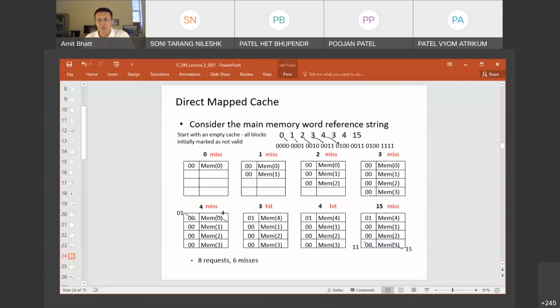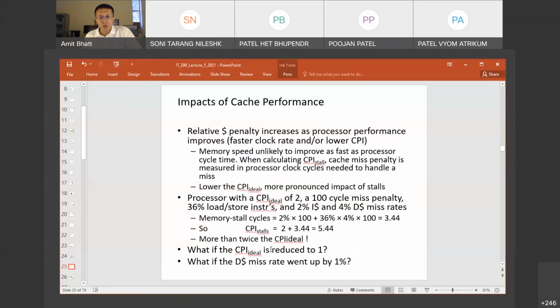Tag is 00, so that is not what you want. You throw that away, bring in something from memory location 1111, put it over here and change this tag from 00 to 11. So that is again a miss. You saw that in this program you made 8 requests and had 6 misses and just 2 hits. Not a very good thing.